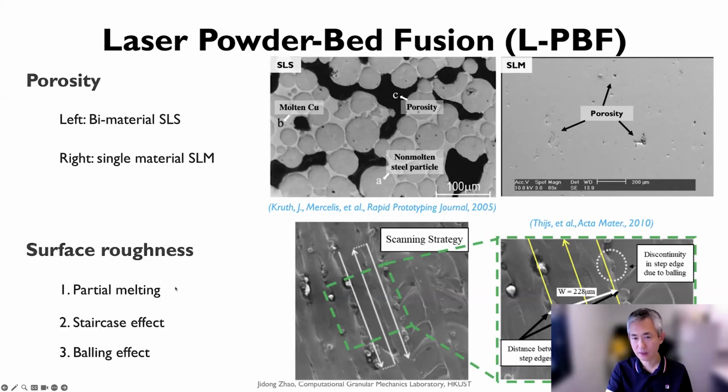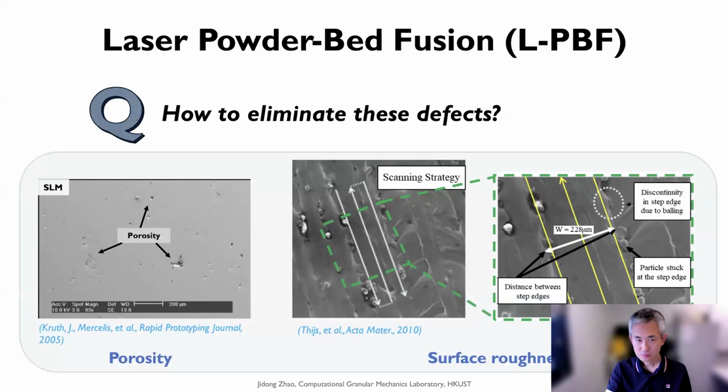And so that is another requirement when we print using selective laser technology. And as I mentioned, for selective laser melting, we want to eliminate the defects, including the porosity, and make the surface roughness or surface smoothness meet certain criteria here.